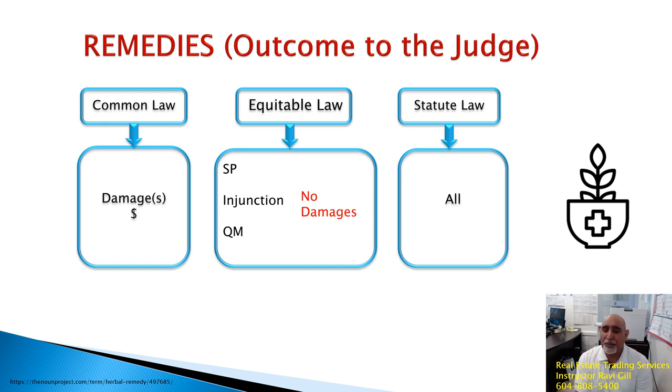The remedies available for statute law are everything: money, specific performance, injunction, quantum meruit, jail time, prison time. All of the above are available by the government. The government would make the law, and the government afterwards would say what would be the remedies for the judge to decide on this case.